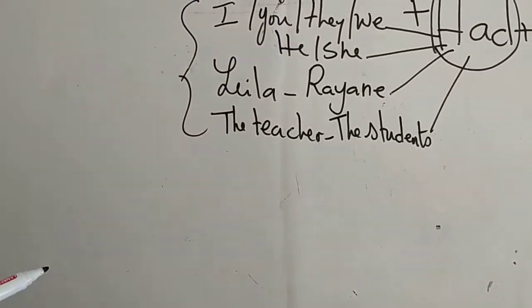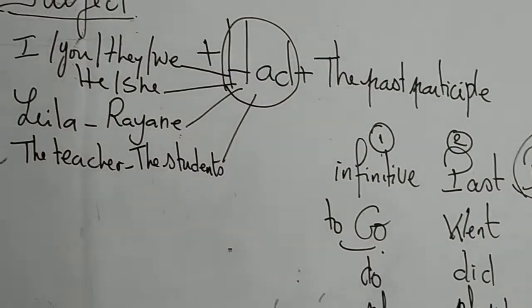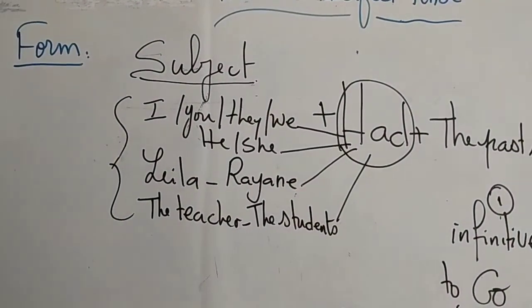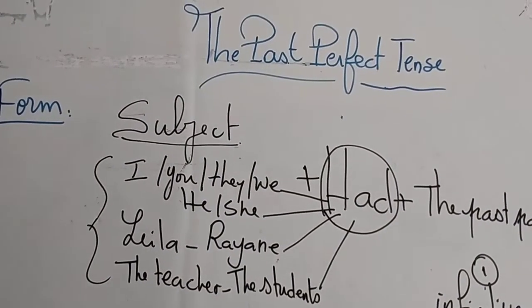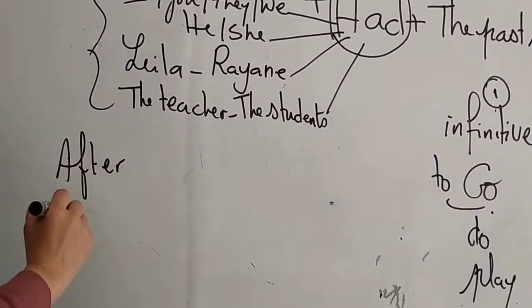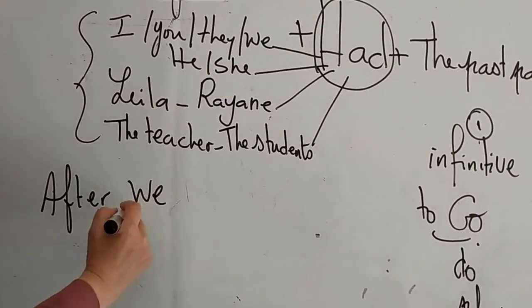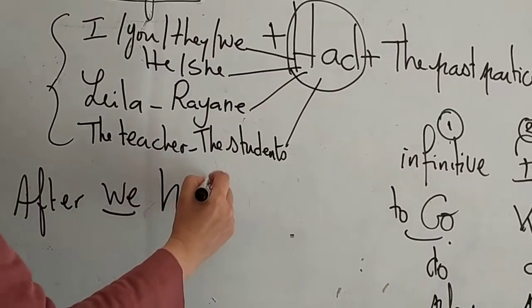I recapitulate again. Subject, had, past participle. I will give you examples with verbs so that you see how we conjugate a verb in the past perfect. So after we, subjects what? Had.